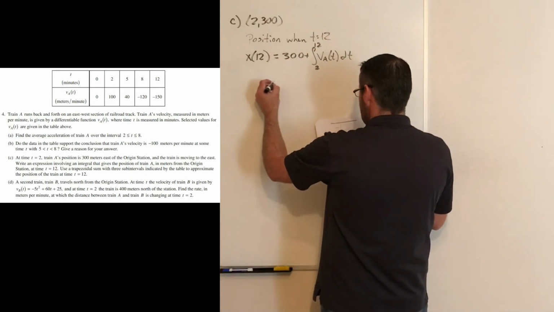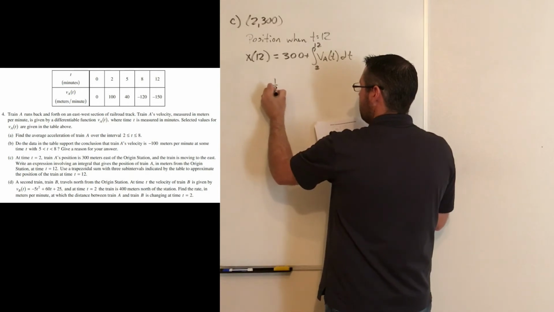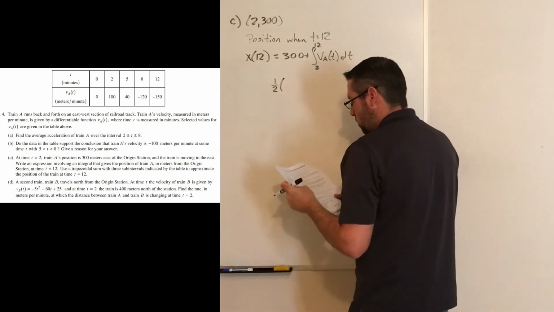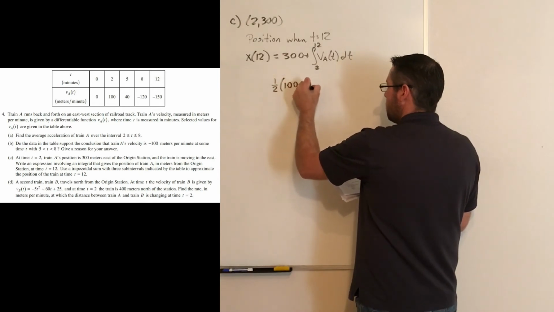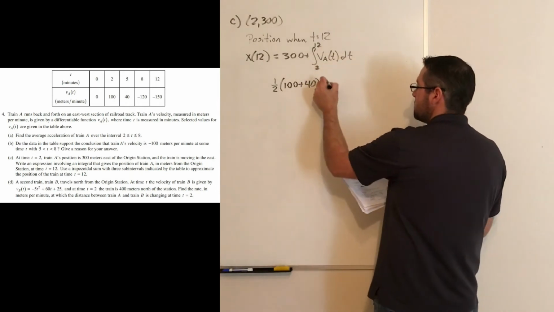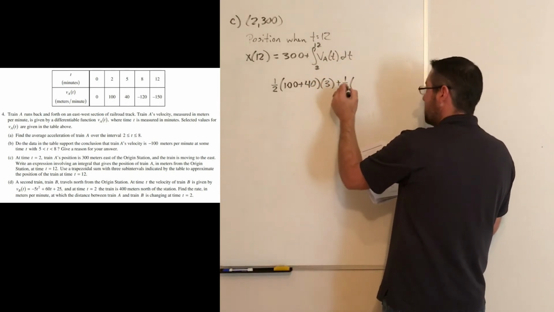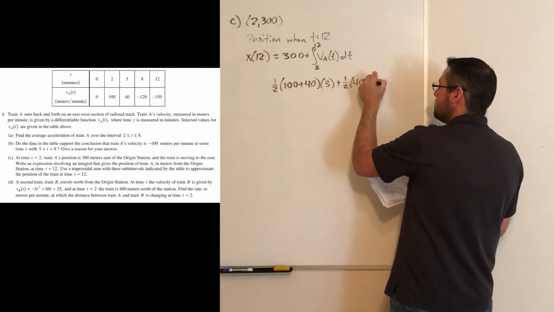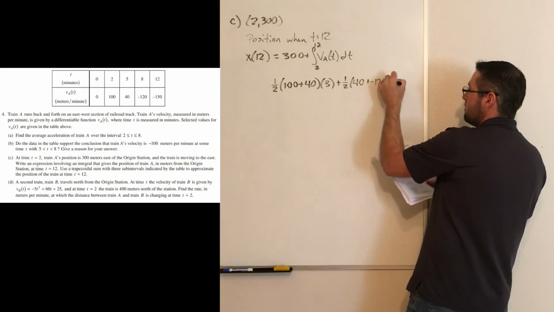So we're going to say that our first, remember the area of a trapezoid is 1/2 b1 plus b2 times the width. Base 1 from 2 to 12 is going to be 100. Base 2 is going to be 40. And then the width of that trapezoid is 3, plus 1/2 of base 1 of the second trapezoid is 40, base 2 is negative 120, and the width is going to be 3 again.